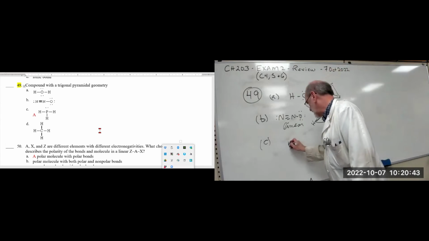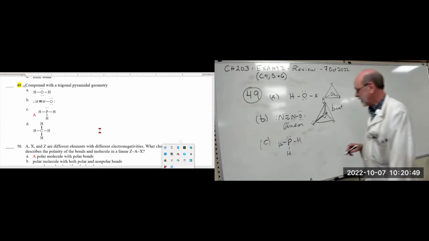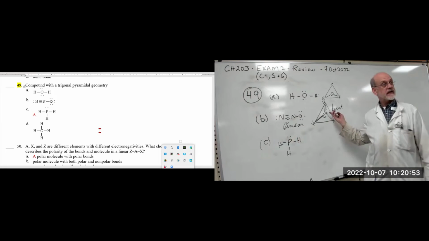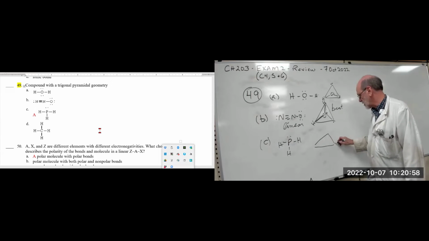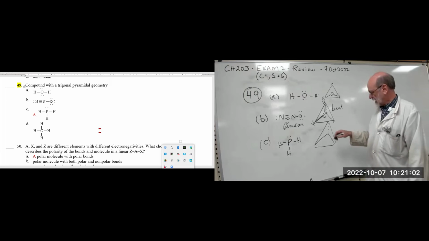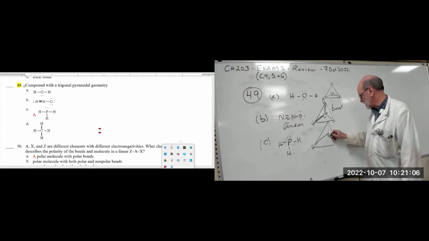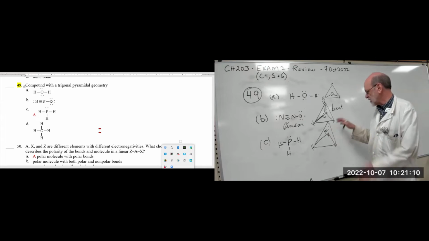PH3. Okay, this is the Lewis structure. So you got four groups, 1, 2, 3, 4. That's another tetrahedron. So if we draw the tetrahedron in here like this, and we put, say, hydrogen here, hydrogen here, hydrogen here, and then the phosphorus is up here in the middle.